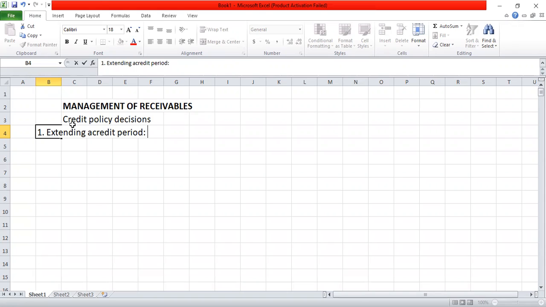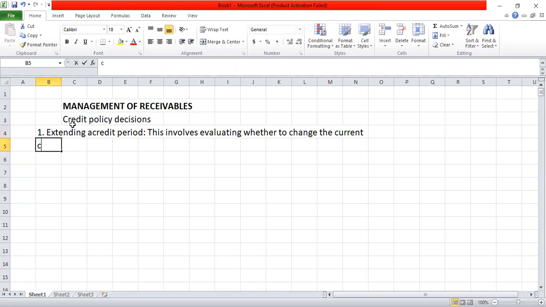In this case, the entity is evaluating whether to extend the current credit policy or credit period or not. So this involves evaluating whether to change the current credit period or not.